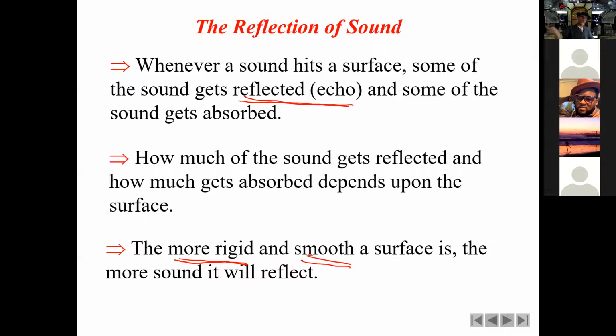So as a little hint, one of your questions for the homework says, why is it so quiet after a snowfall? And the answer has nothing to do with the speed of sound. When it's cold out, sound travels slower, but how loud the sound is doesn't depend upon how fast the sound is traveling. Why is it so quiet after a snowfall? It's because snow is very soft, very porous. It's a very good absorber of sound.